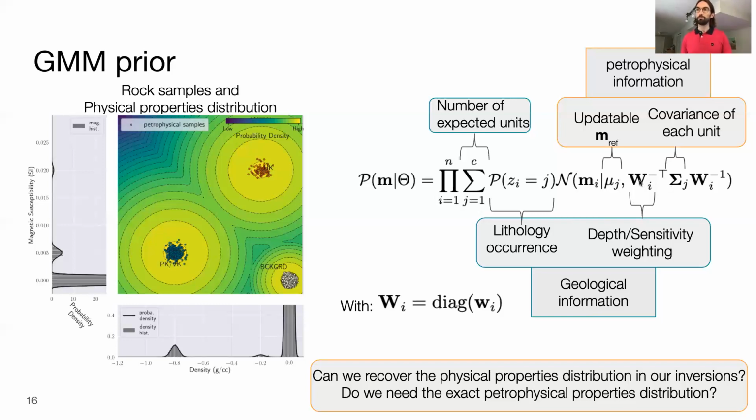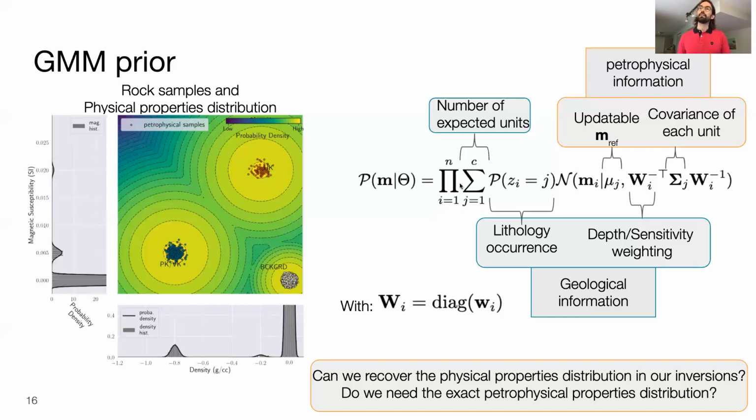I also include here the typical weights that we use in geophysical inversion, so usually, for example, depth or sensitivity weighting. So this is quite a complex prior, but I'm going to use an approximation that's more detailed in the thesis.